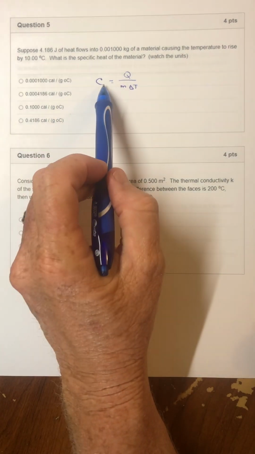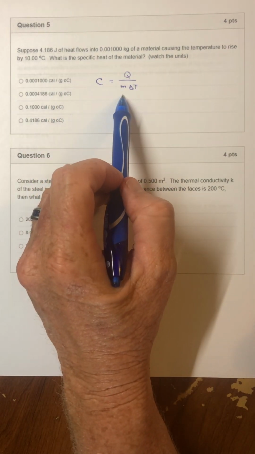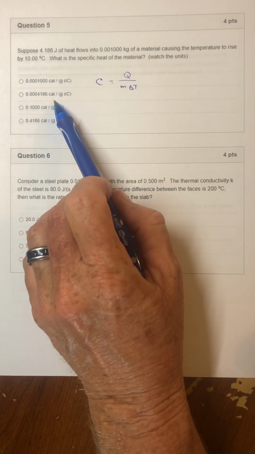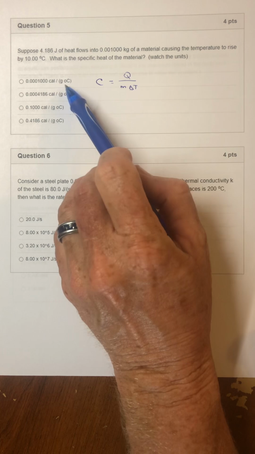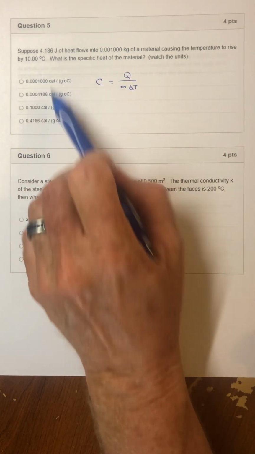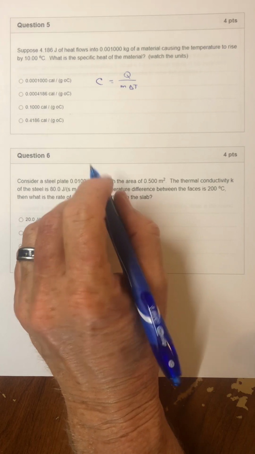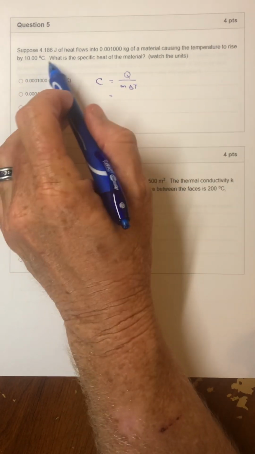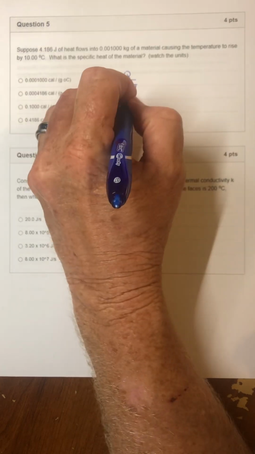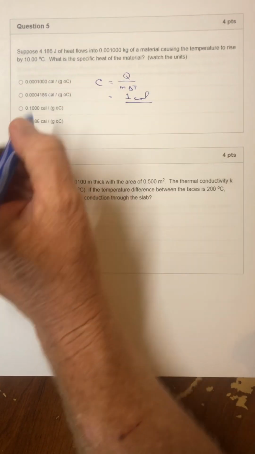Anyways, little subtlety there. But that being said, we can just punch these in, and maybe the trickier part of this is to watch our units, because they gave energy in joules, but the answer's in calories. They gave mass in kilograms, but the answer is in grams. Now, they did say Celsius, and so that matches fine. But I'm just going to be a quick conversion, and since this is the direct conversion, this is just 1 calorie.